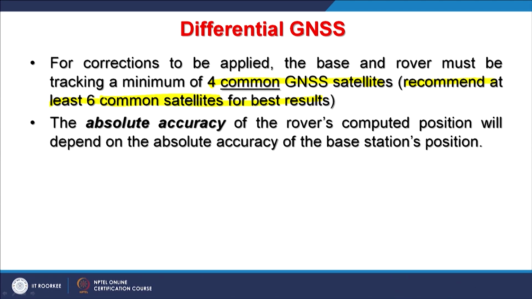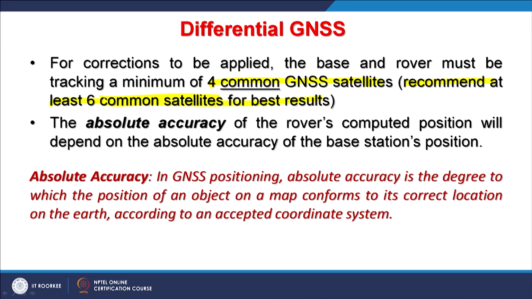And there is a term we use in GNSS parlance, the absolute accuracy of the rover's computed position, which will depend on the absolute accuracy of the base station position. And what is absolute accuracy in this domain, that is, in GNSS positioning?